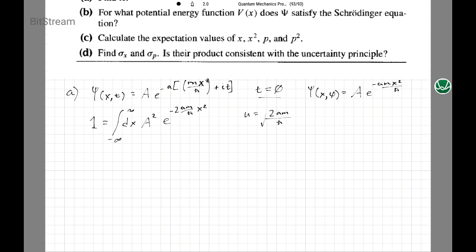Although in all honesty, I do usually use integral tables instead of doing these all by hand, generally. Okay, so my u is just going to be the square root of all those constants times x, meaning du dx is just this.